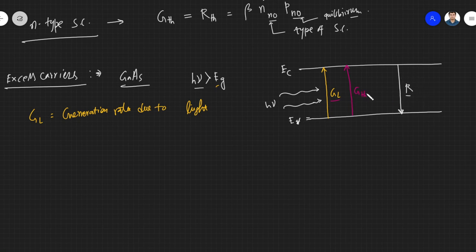If we are not changing the light intensity or the temperature, keeping them constant, then the generation rate and recombination rate will balance each other. So in this condition, let's write down the recombination condition first.